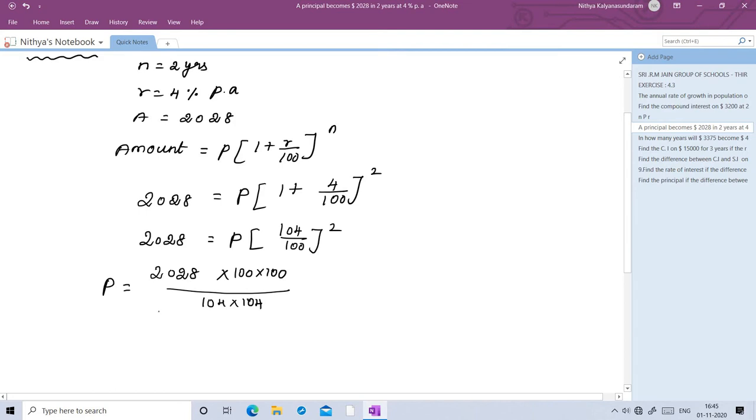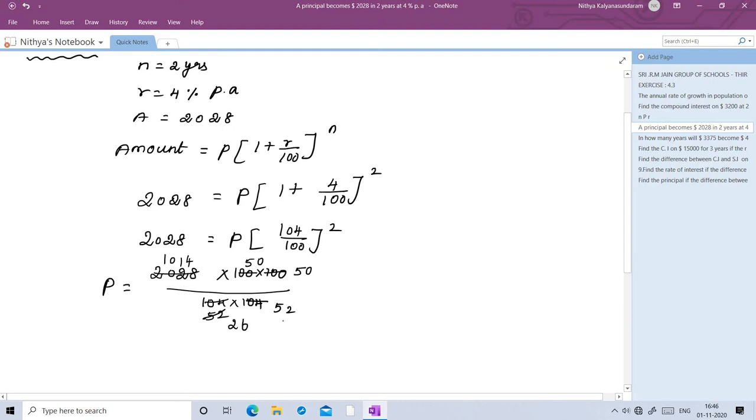So cancel, then multiply. 2 table we can cancel: 5 2s are 10, 2 2s are 4, again 5 2s are 10, 2 2s are 4, then 52 cancel again with 2 table, you will get 26.